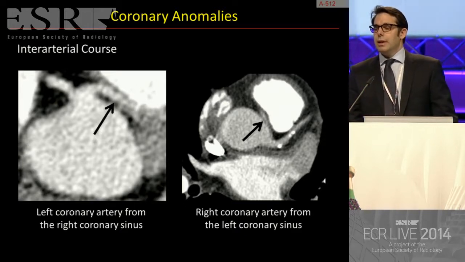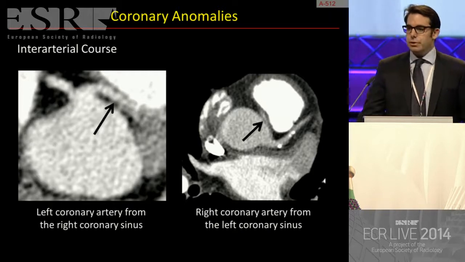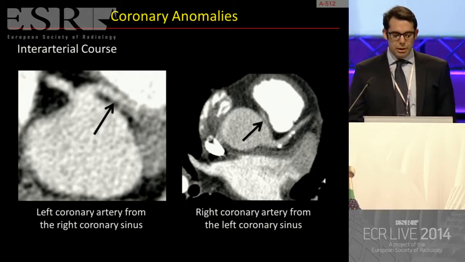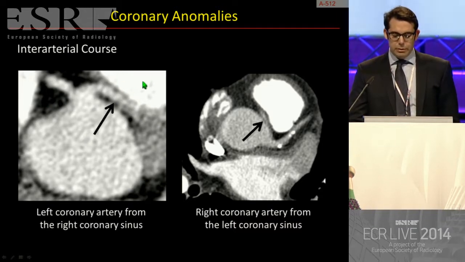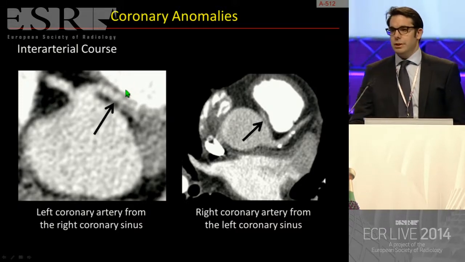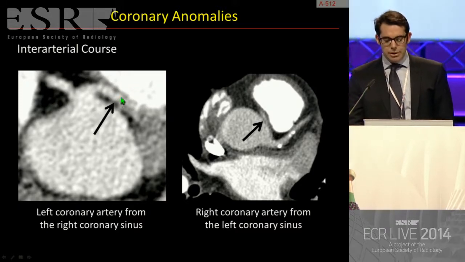And this is clinically relevant. The first ones are anomalies that will not cause ischemia, whereas these ones, the interatrial course, as you know, can cause ischemia because of differences in pressures between the left ventricle, the aorta, the right ventricle, the outflow tract. There could be squeezing in exercise, for example, and there could be an ischemia.